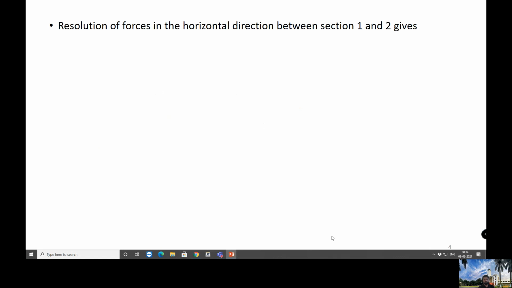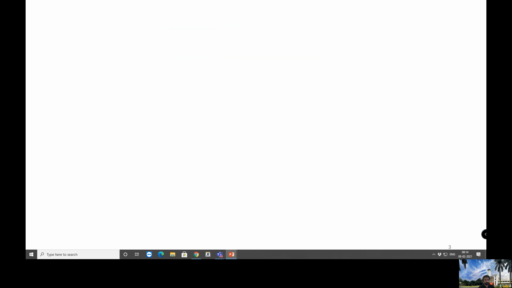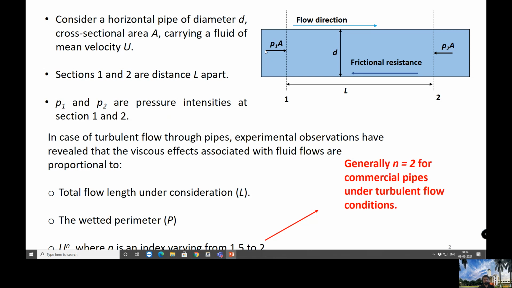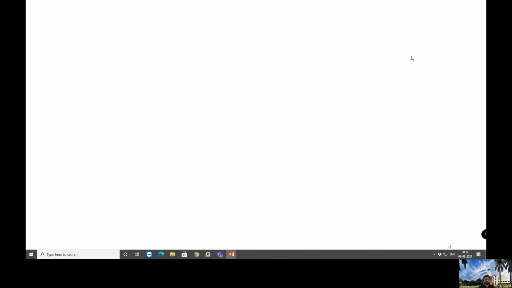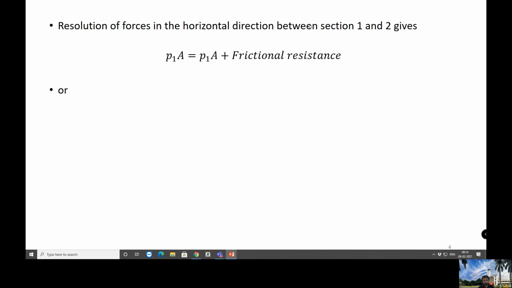Resolution of forces in the horizontal direction between sections 1 and 2 gives P1A minus P2A equal to the frictional resistance. Oh, there is an error here, sorry.